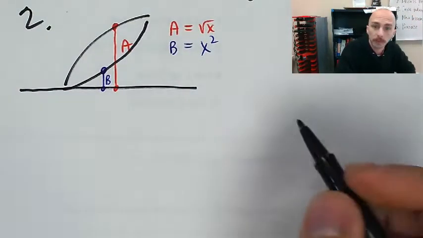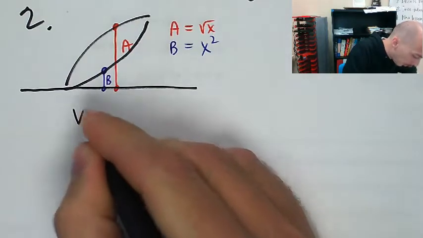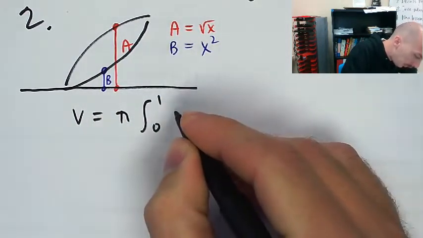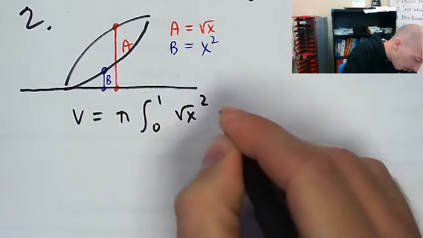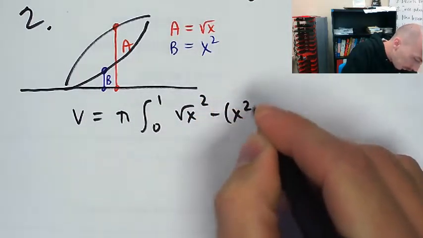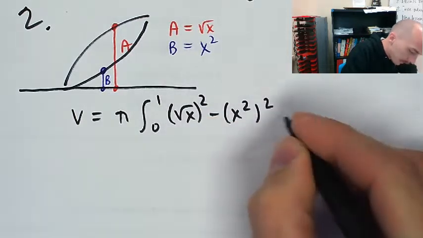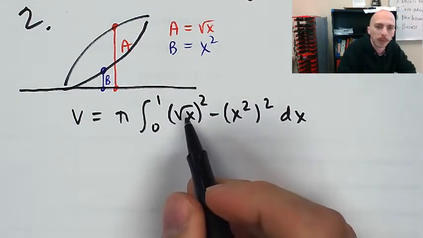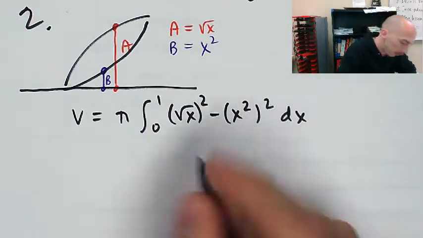Now we know that in a washer situation, volume is equal to pi times the integral of large radius squared minus small radius squared dx. That's going to be x minus x to the 4th.